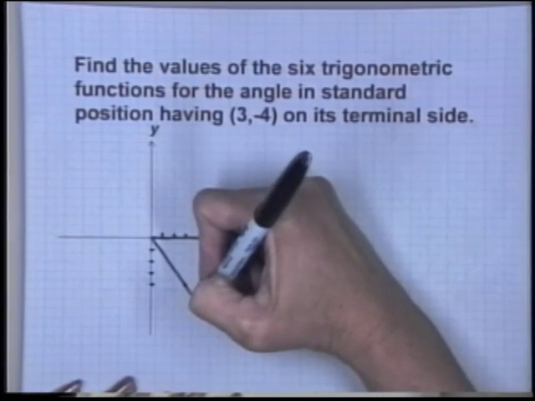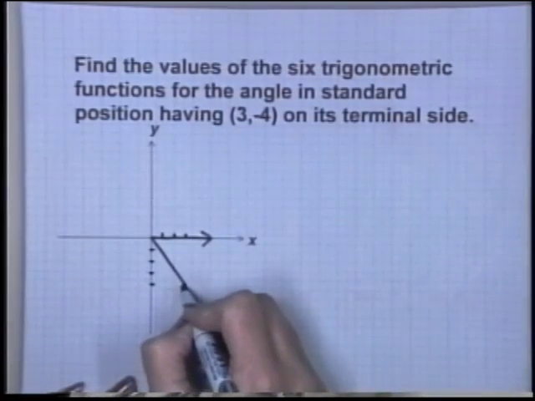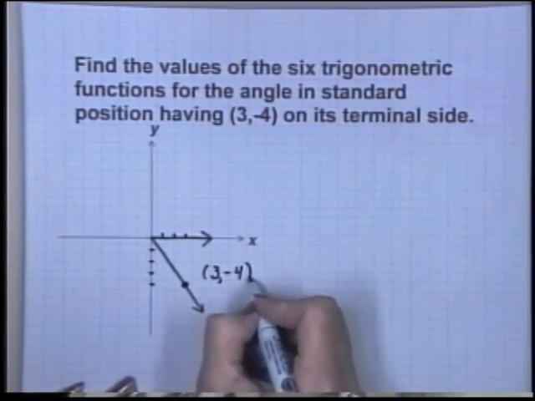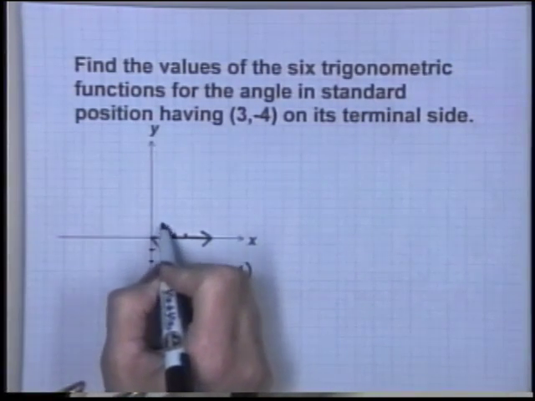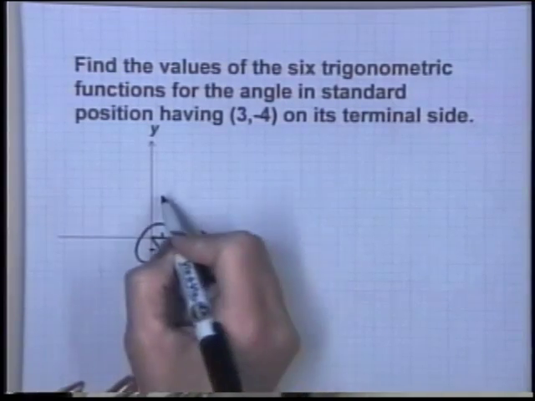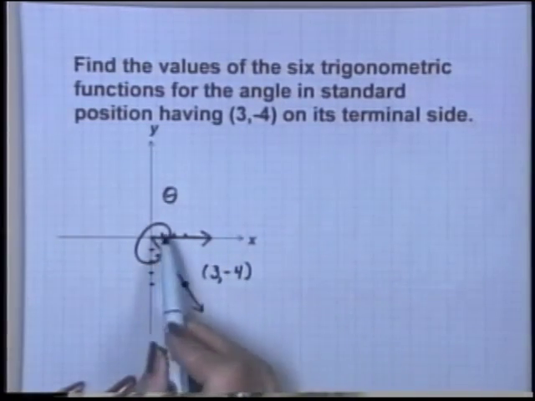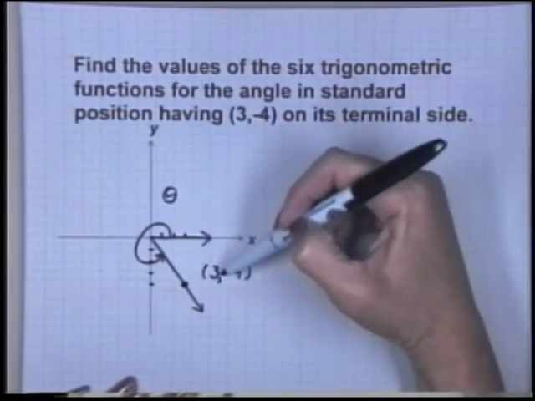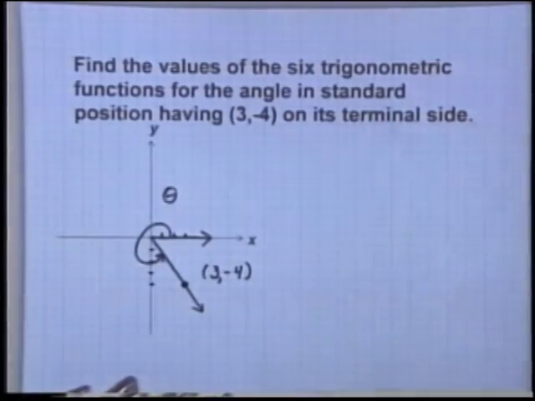And so there's my terminal side. Now I'm going to say that my theta is positive. It would not have to be. It just has to be in standard position with the point (3, -4) on the terminal side.